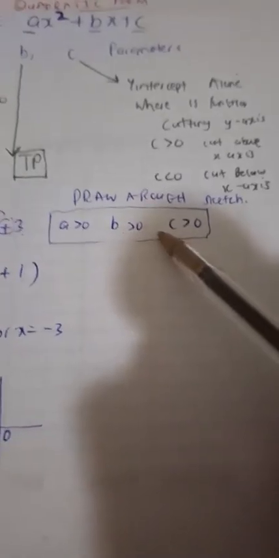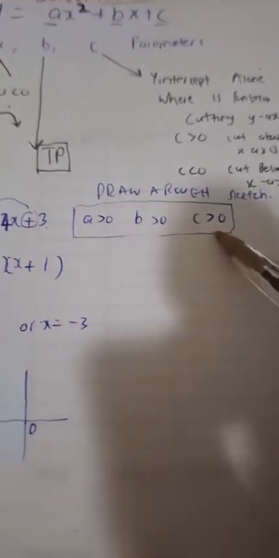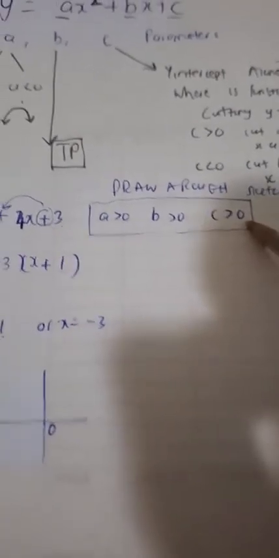So in essence, if you are given a sketch, if you are given the parameters of a, b, and c, and all of them are positive, roughly speaking, if you are going to draw this sketch, you know that a means we have a concave up graph, no problem. c, since it's positive, means that there's going to be a y-intercept above the x-axis.